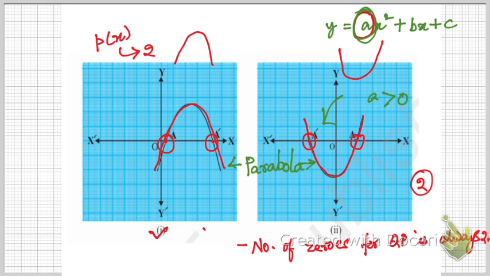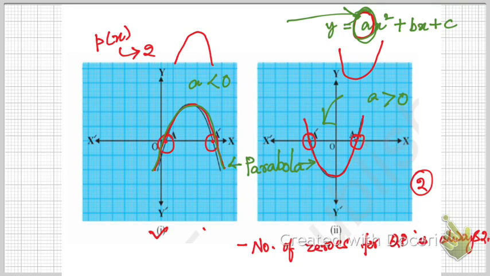And whenever the value of a is less than 0, you will get this downward direction parabola. So this is what you can identify with a quadratic polynomial graph. The graphical representation of any quadratic polynomial will be like this, and the number of zeros for any quadratic polynomial is 2.